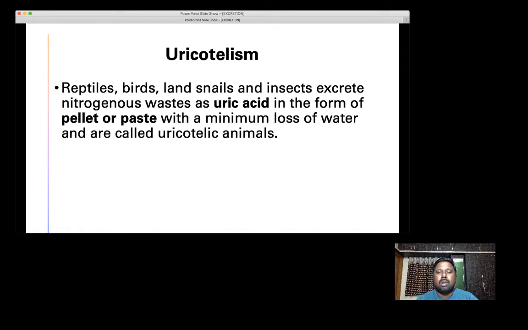This nitrogenous waste is formed into a pellet or paste-like structure, and some birds excrete pellet-like structures. This needs only a small amount of water. These are called uricotelic animals. Ammonotelism, ureotelism, and uricotelism are the three types of methods in animals.